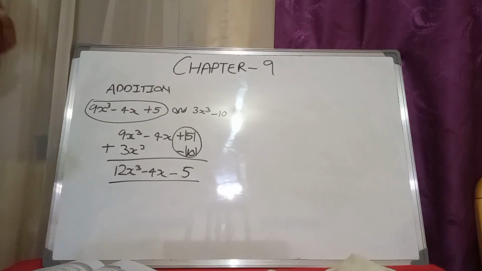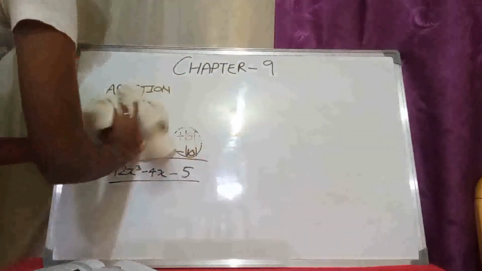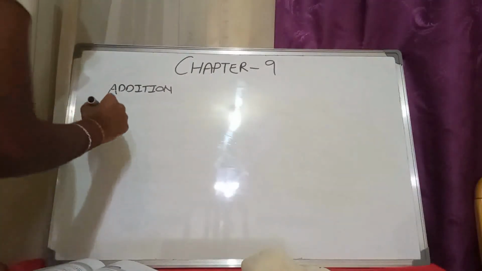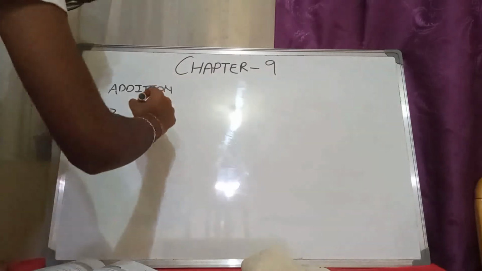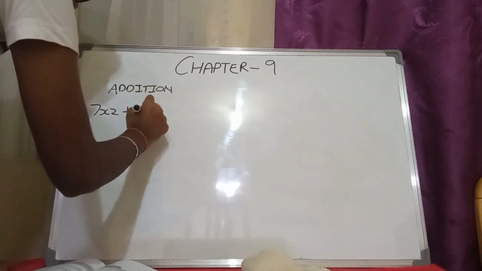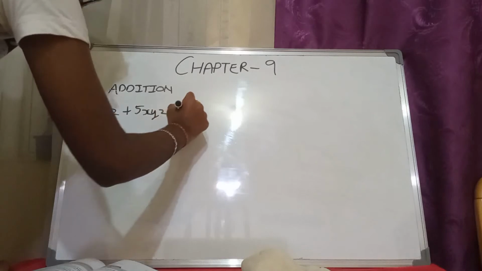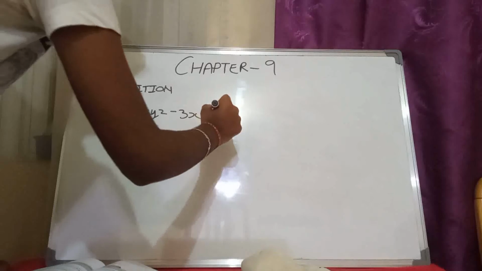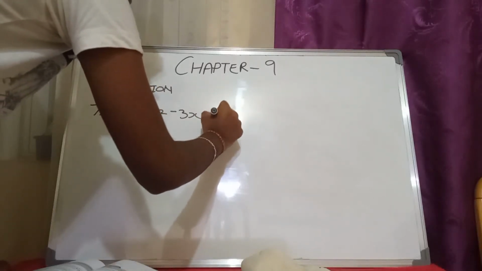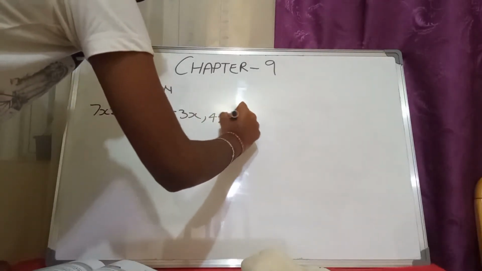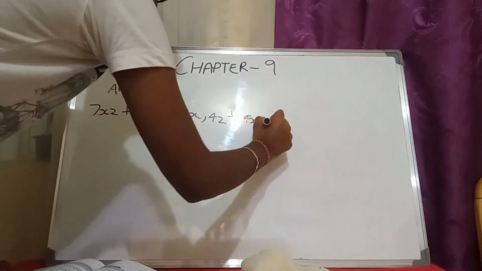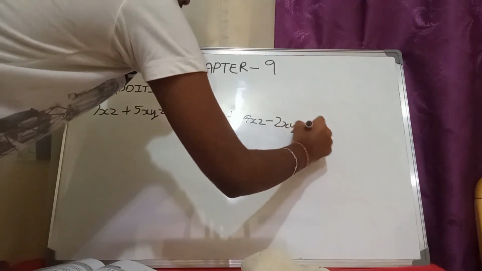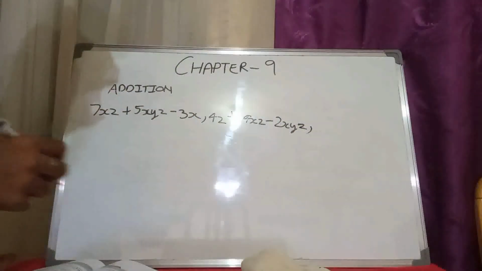Now we'll take another example. Say for example we take 7xz plus 5xyz minus 3x, then we add it with 4z plus 9xz minus 2xyz, and we will put another term.